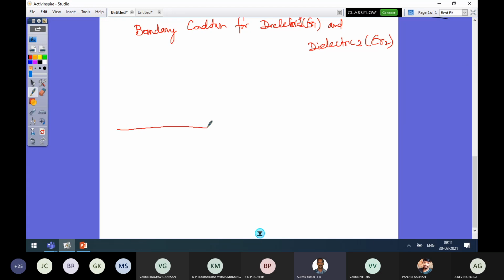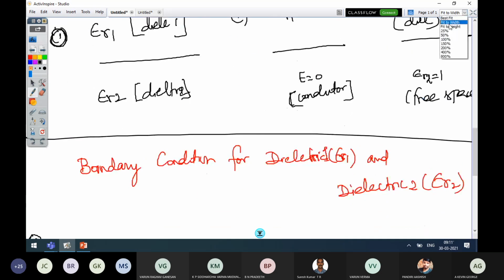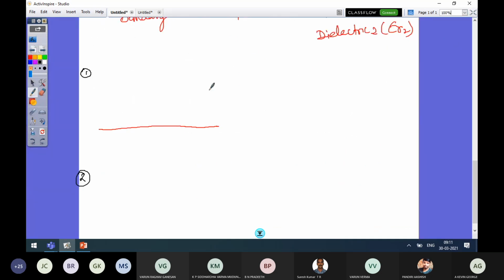Let's assume this is the boundary. This is medium 1 and this is medium 2. Medium 1 is characterized by the relative permittivity epsilon R1, and medium 2 is characterized by the relative permittivity epsilon R2.